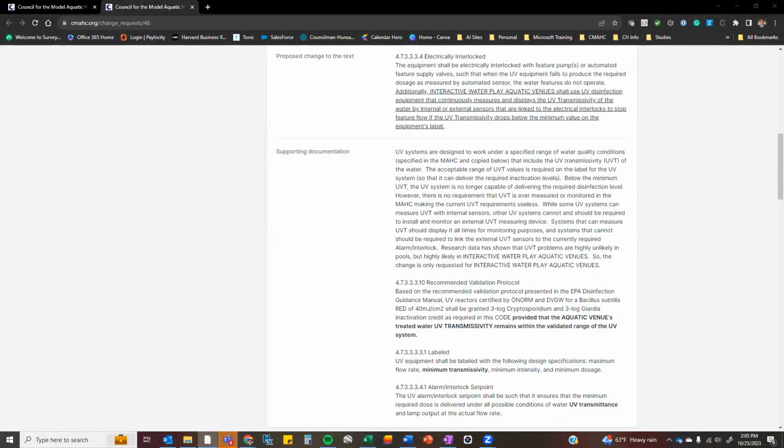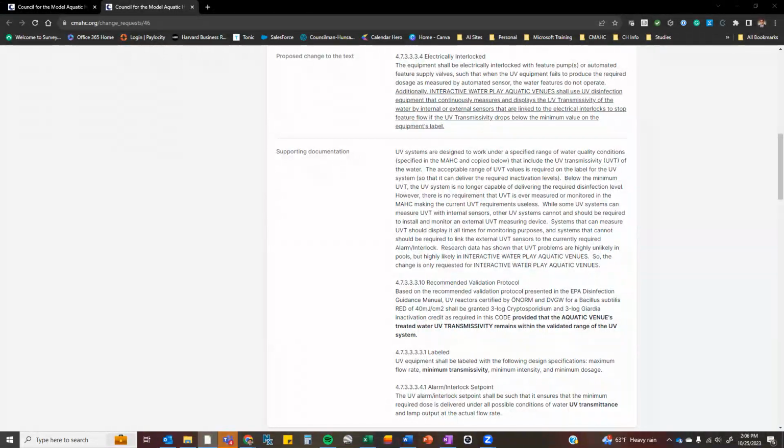And so I think there's kind of industry workarounds here, and that's what this was addressed towards. It's simply saying that if you're outside of the validated range of the instrument, you can't trust the validation. So you have to have a sensor telling you if you're within the validated range. I'm not saying we have to have it. I'm just saying that that's kind of what's missing here. And that's all I can say.